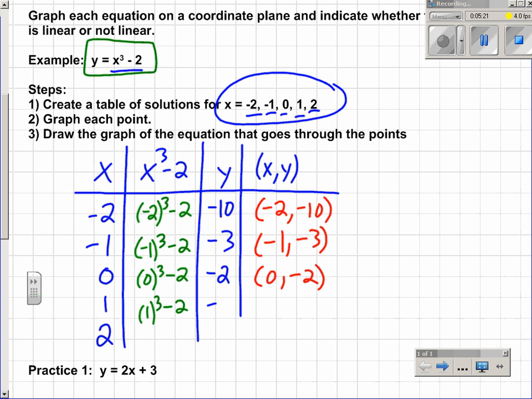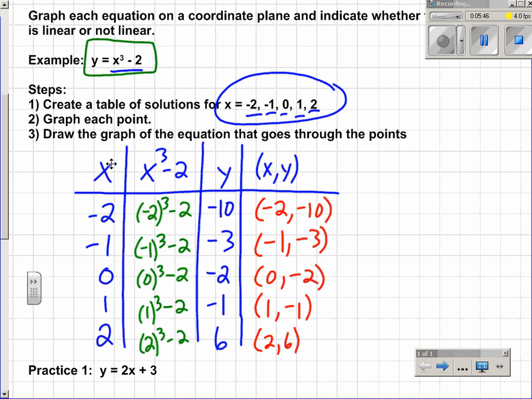So our points are 1 comma negative 1. And we have one more to do. 2 cubed, which is 8, minus 2 gives us 6. So those points are going to be 2 comma 6.